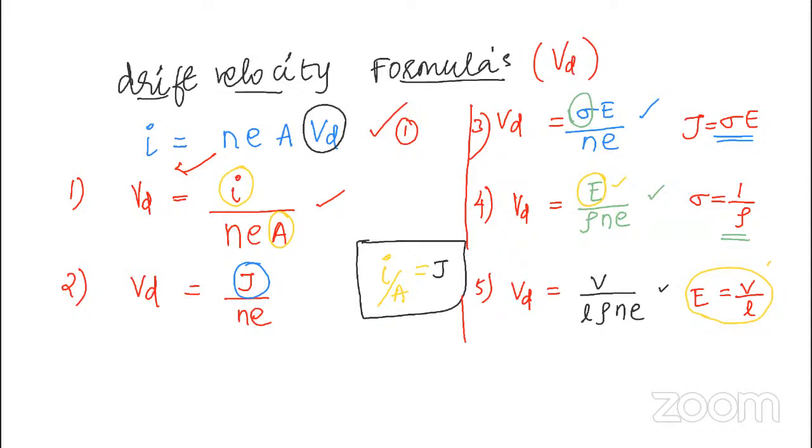What kind of questions can we expect here? They may ask whether length is directly or inversely proportional, whether voltage is directly or inversely proportional, or that V is directly proportional to E, where E is the electric field. Or they may ask whether Vd is directly or inversely proportional to conductivity.